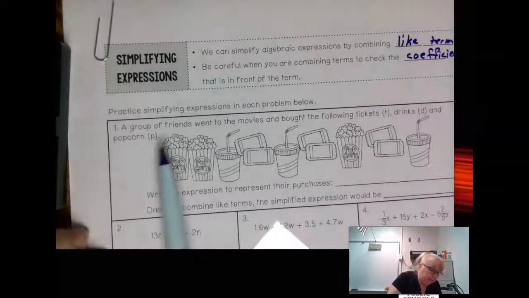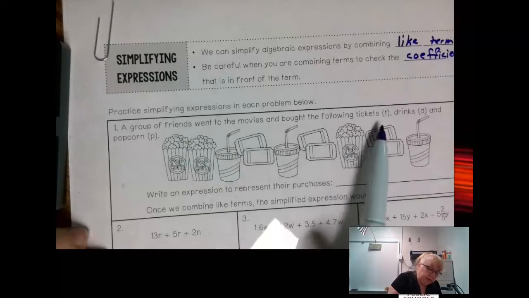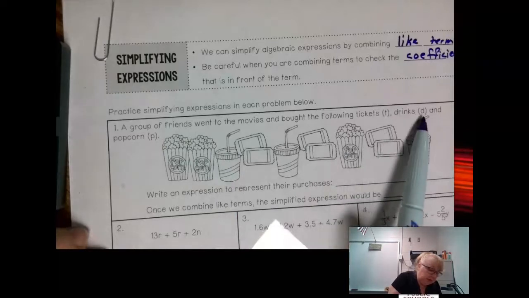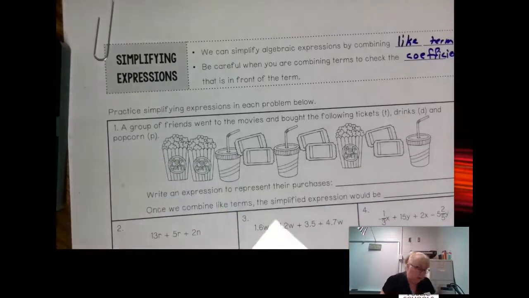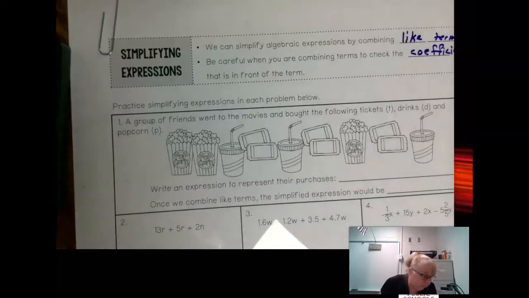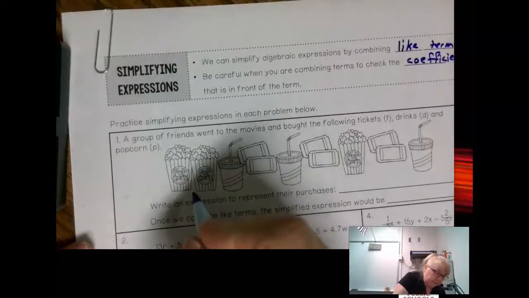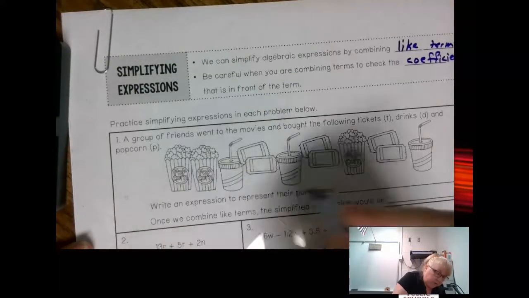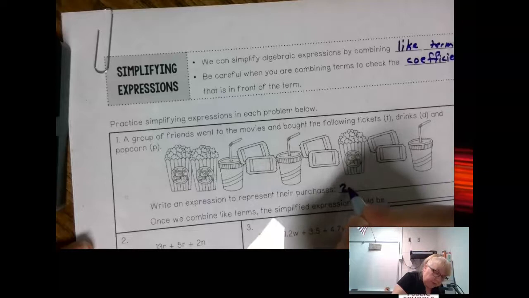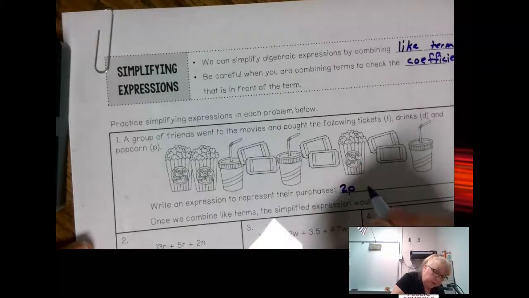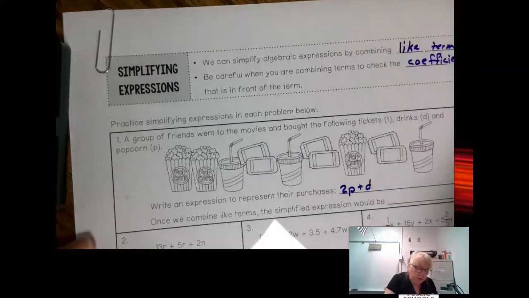Okay, we have a group of friends who went to the movies and bought the following: tickets T, drinks D, and popcorn P. Write an expression to represent their purchases. Well, we have 2 popcorns, so that'd be 2p, and then we have a drink there, so that would be, we don't have to write a 1 when it's just 1, we just write the variable d.